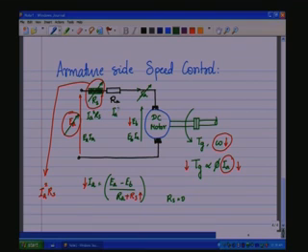and IA square RA gets lost as heat, out of which IA square RA is inevitable and unavoidable because RA is the armature winding resistance. What is avoidable is IA square RS, the series resistance that we have put here to achieve speed control.